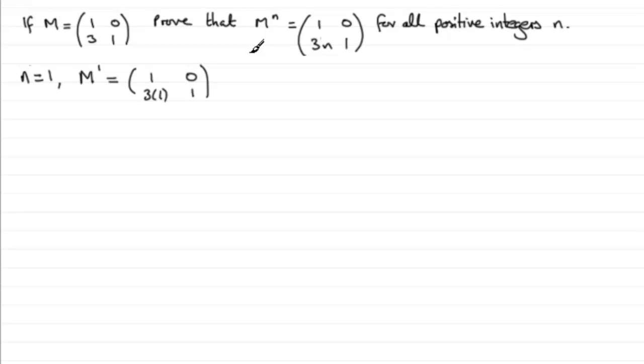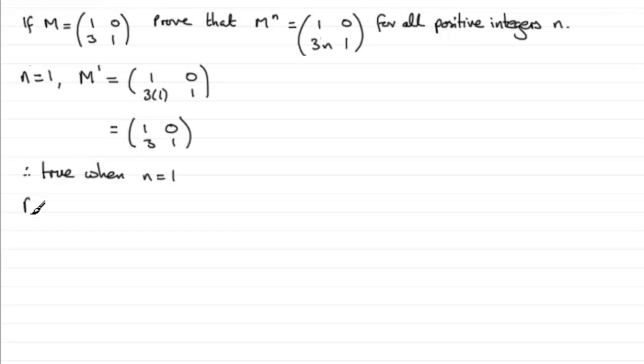And we can see that that then comes out to [1, 0; 3, 1], and therefore we can see that agrees with what we had originally.